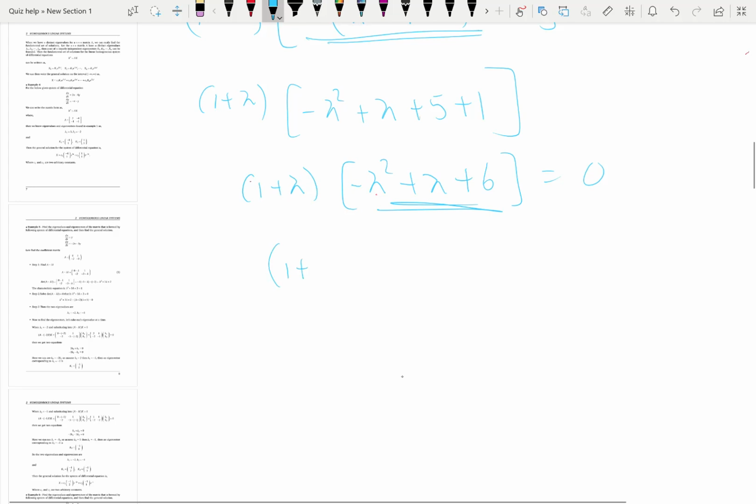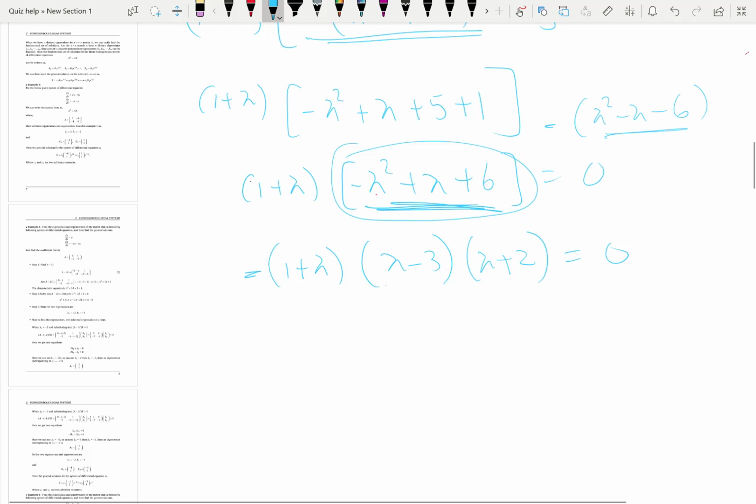If you factorize that quadratic, what you should get is lambda minus 3, lambda plus 2, with a negative in front. Or you can take a negative out: lambda square minus lambda minus 6, which can be factorized as lambda minus 3 times lambda plus 2.